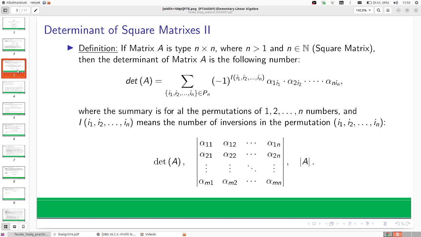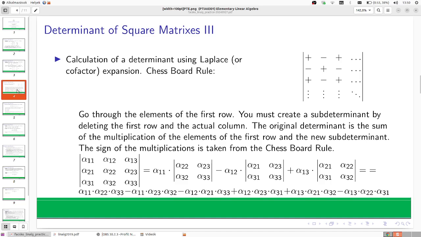It's a 1 1, and it's here, it's 2. It's minus 1 to the power 2, which is 1. Then for the next one, you add the indexes, i and j. This 1 plus 2 is 3. It's minus 1 to the power 3, which is then minus. And this is how it's written in this chessboard rule.